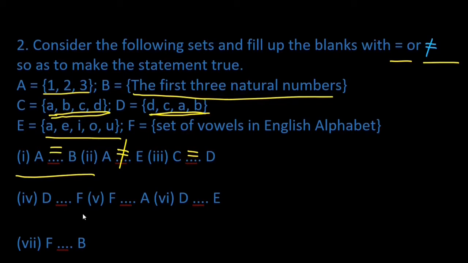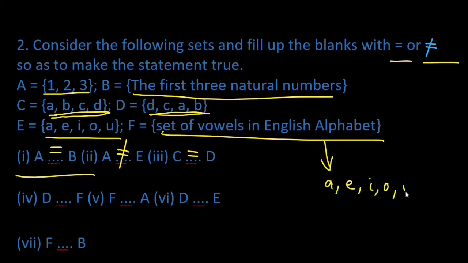Fourth one, D dash F. Now D is D, C, A, B. F is set of vowels in English alphabet. We know vowels are A, E, I, O, U. But in D, we have the elements D, C, A, B. So D and F are not equal.